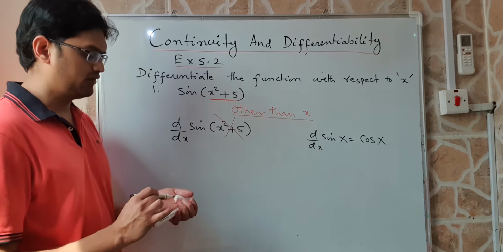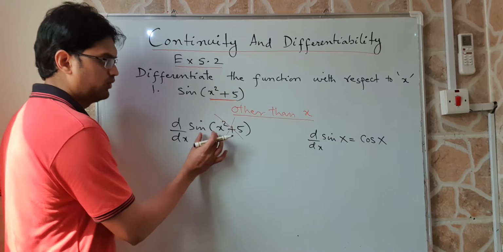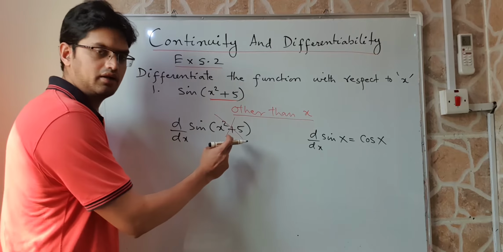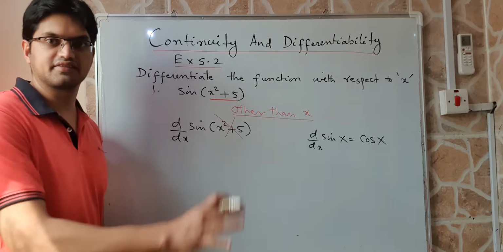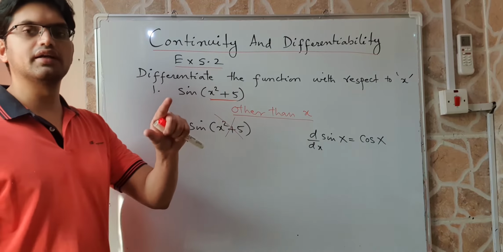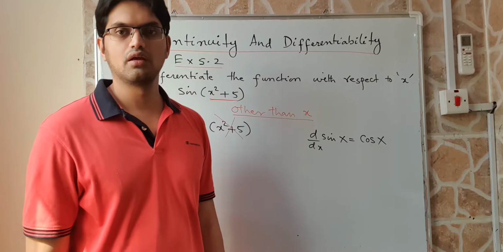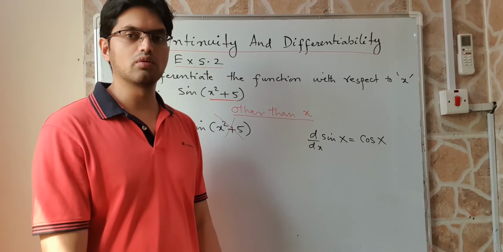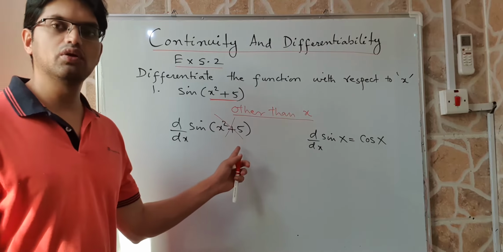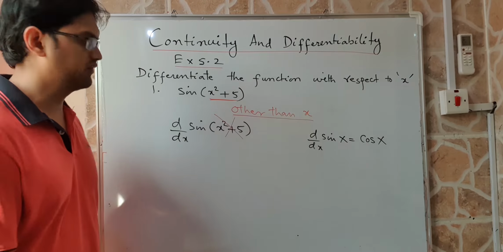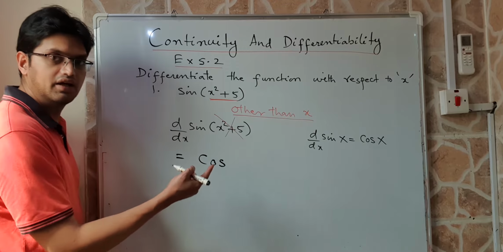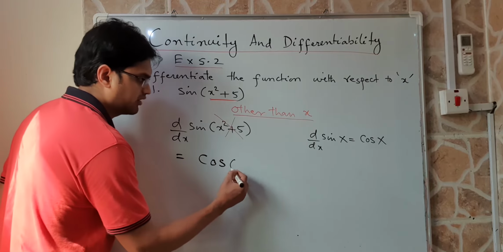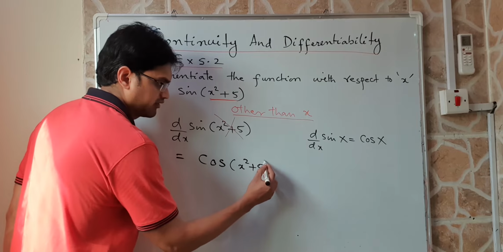So we'll consider this entire angle x square plus 5 to be our capital X, and treat it as sin x only. Then we differentiate normally: the derivative of sin x is cos x. So cos, here x we have x square plus 5.